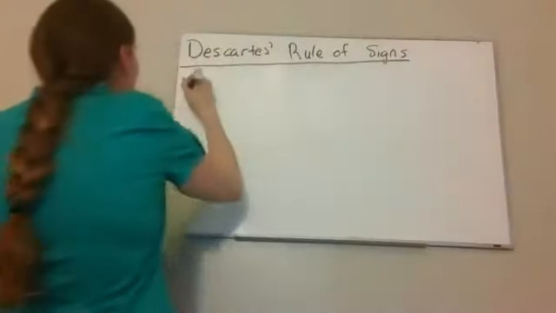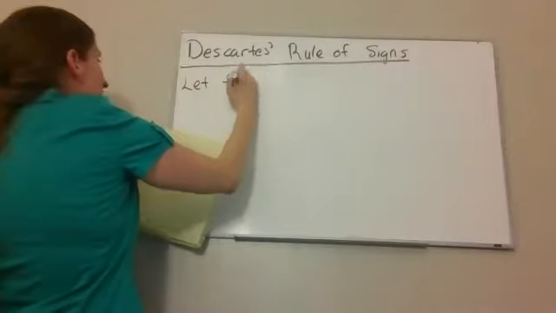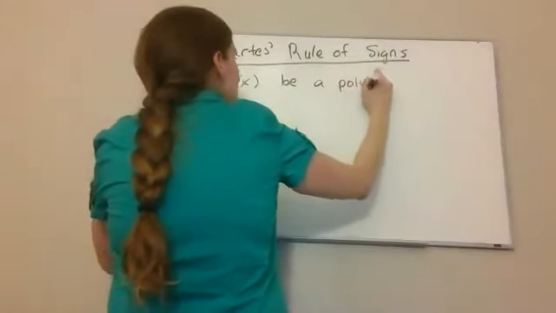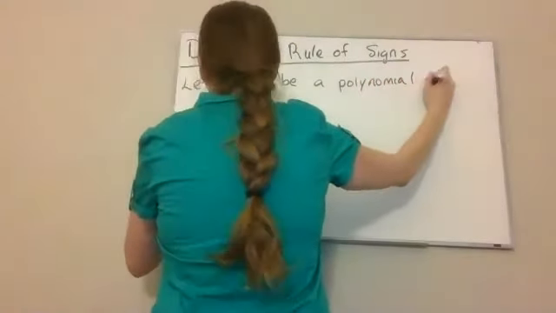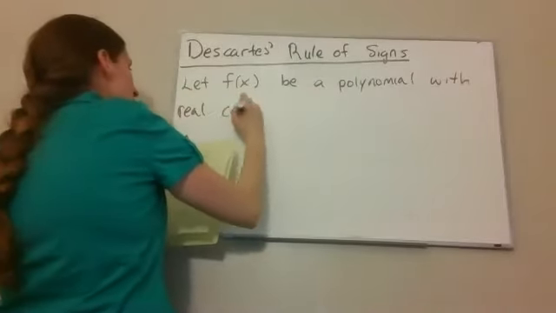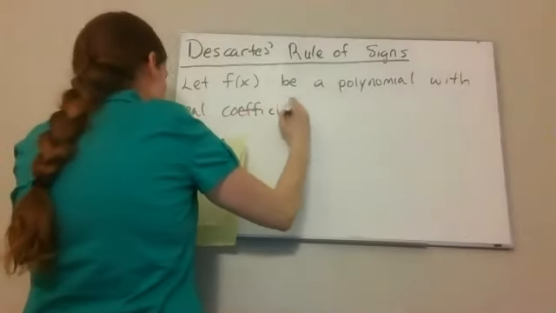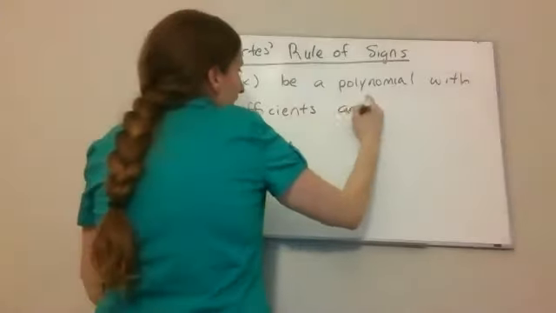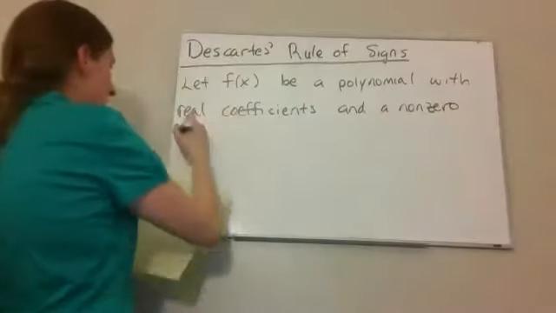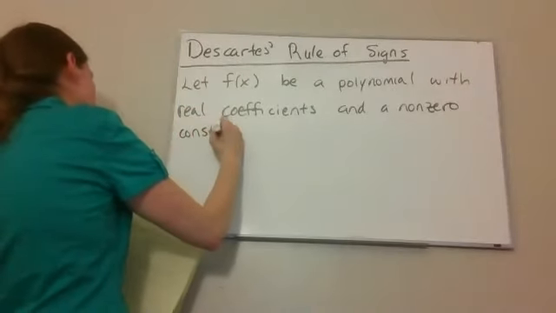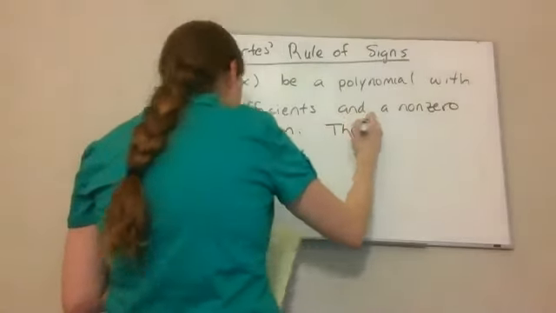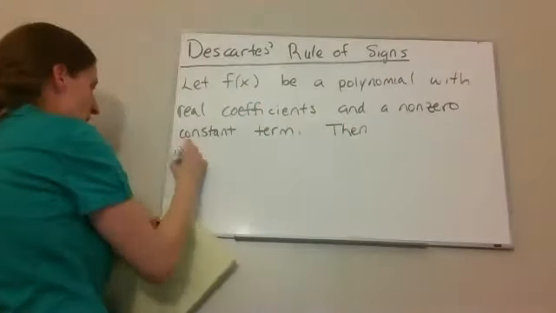Now this rule says, let f of x be a polynomial with real coefficients, and a non-zero constant term. Then 2 things are true.